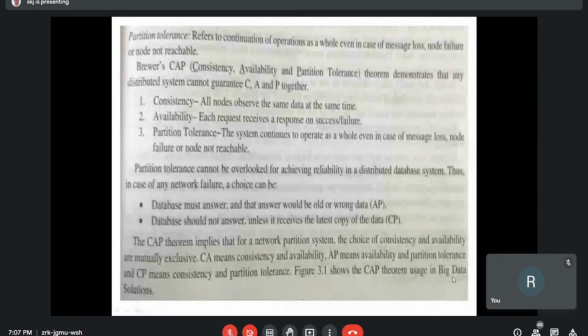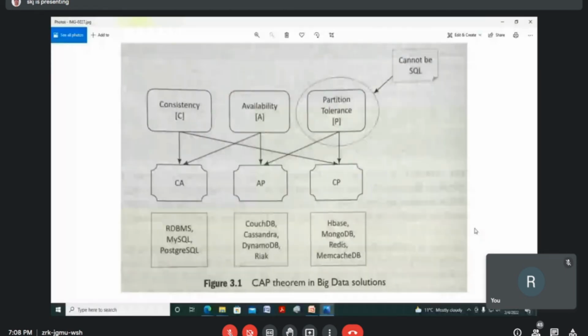So one diagram is the CAP theorem in big data solutions. Consistency, availability, partition tolerance. If we take consistency and availability, these two, CA, then they are the solution.